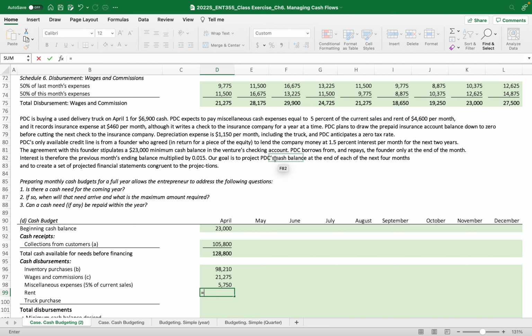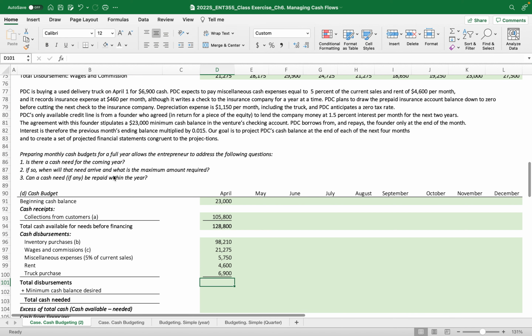How much is the rent amount? The rent amount is 4,600. There you go, right? And then the truck purchase was 6,900, in cash.